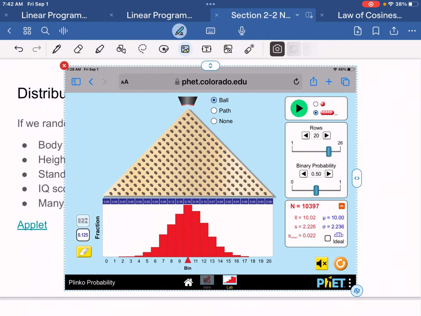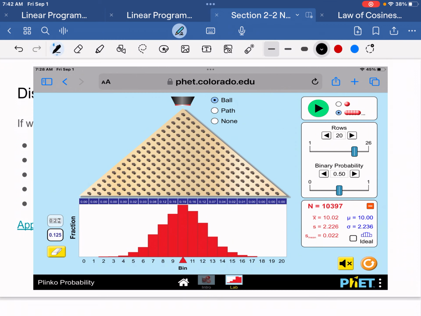The next thing I want to show you is x bar minus 2 standard deviations and x bar plus 2 standard deviations. So that's going to be 10.02 minus 2 times 2.226.